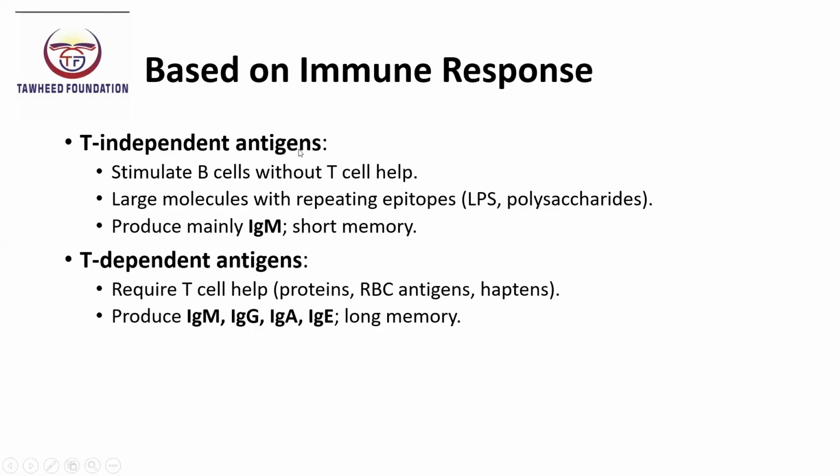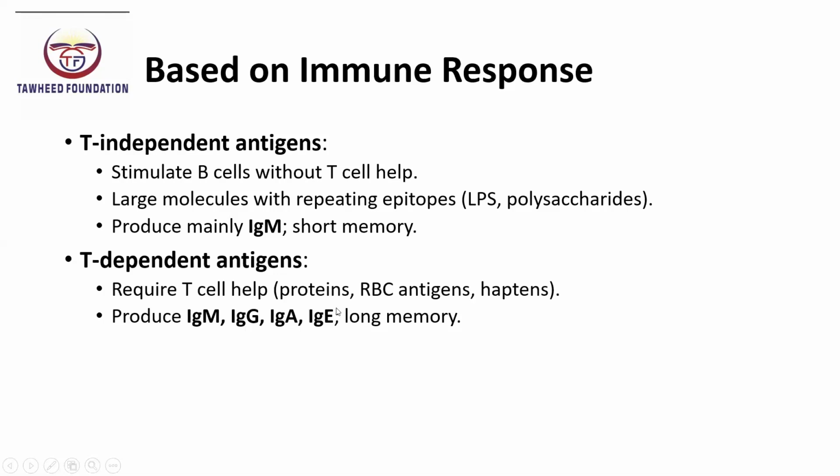So T-independent antigen will stimulate B cells without T cell help. It has large molecules with repeating epitopes and it produces mainly IgM and short memory. Second is T-dependent antigens. On the other hand, it requires the assistance of T cells to stimulate B cells.